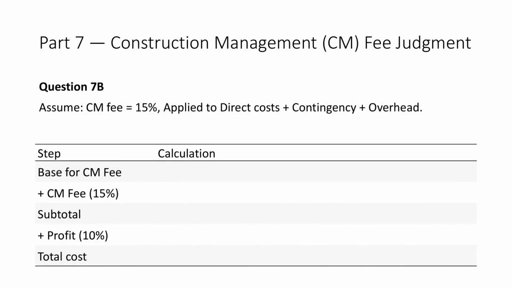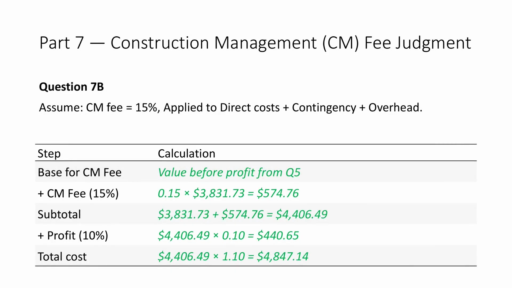Question 7B. Now calculate a 15% CM fee applied before profit. Explanation. We apply the CM fee to the cost before profit.